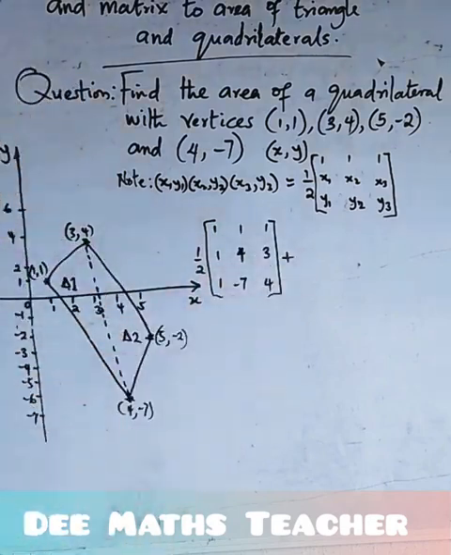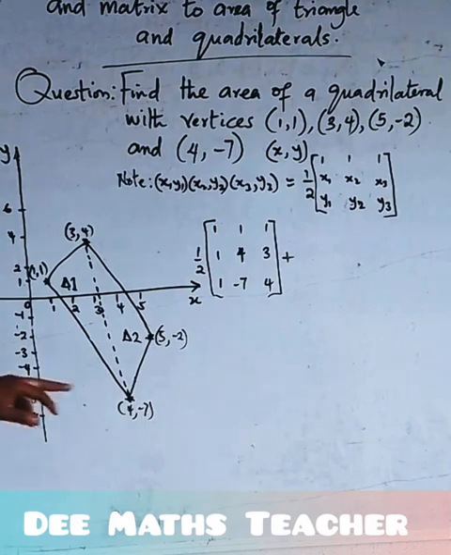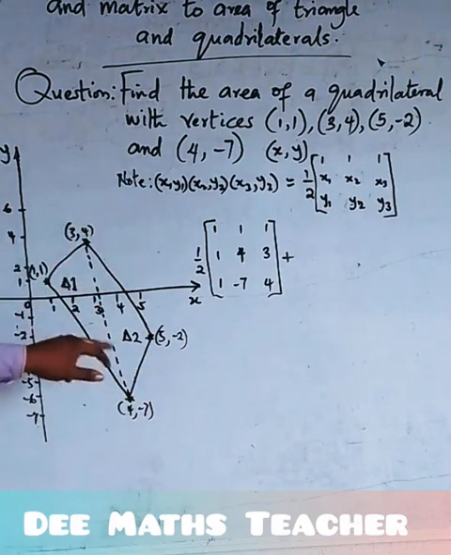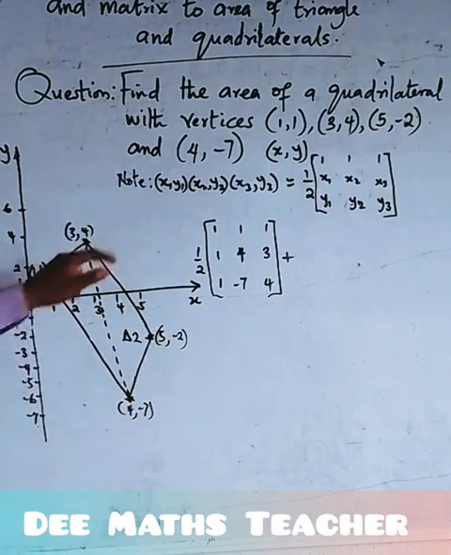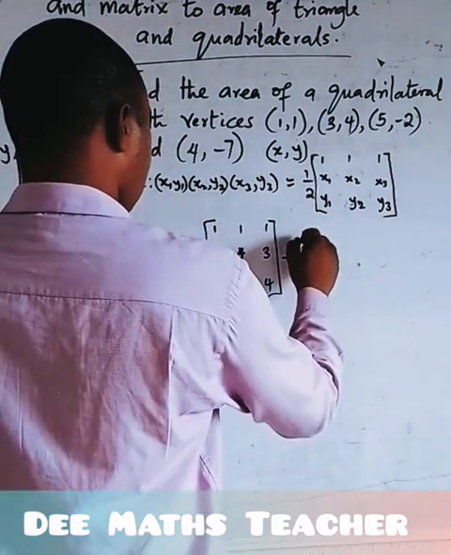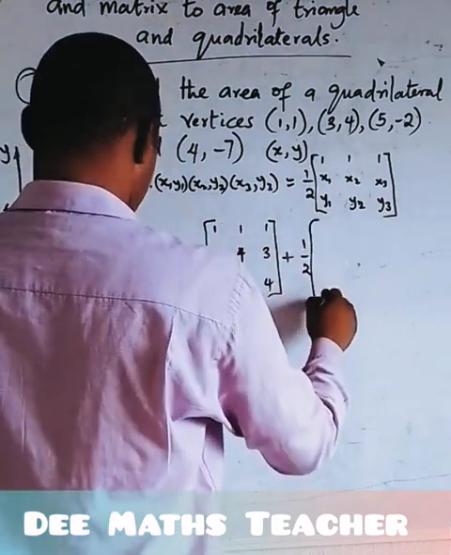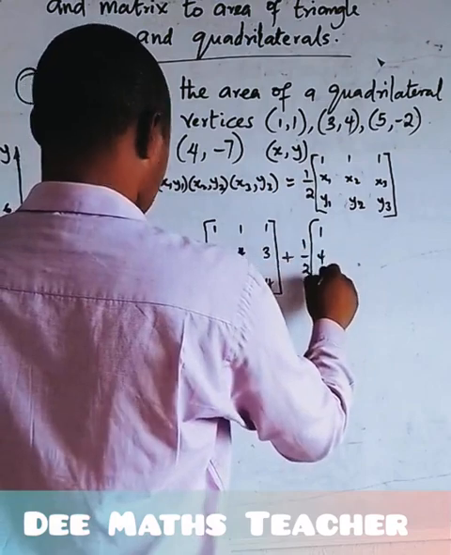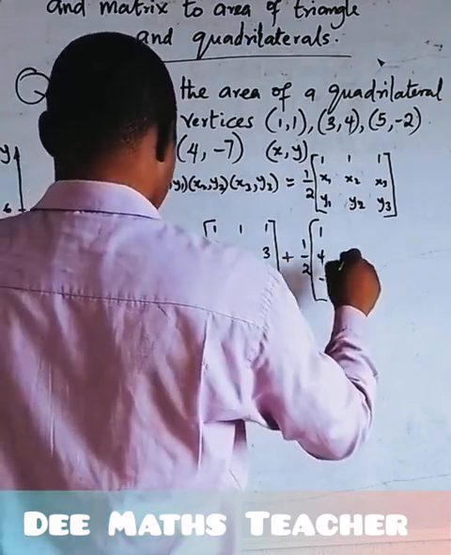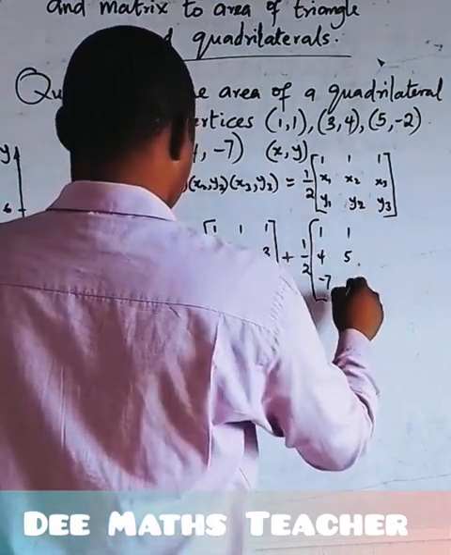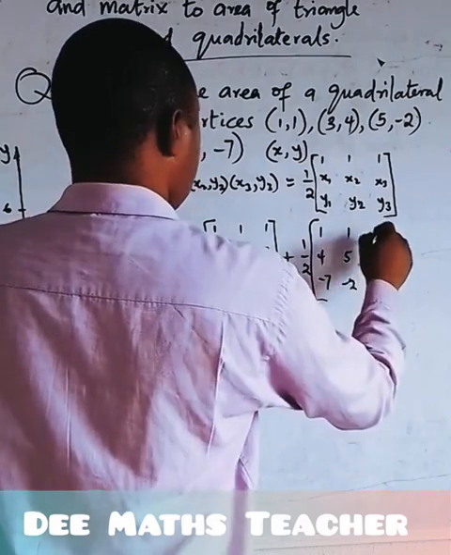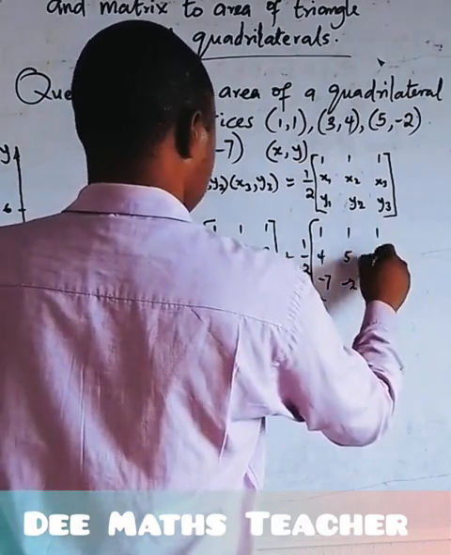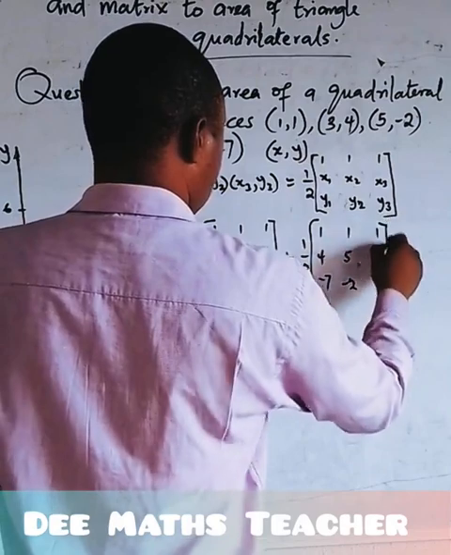That is for the first triangle. Then for the second triangle, we are going to look at these coordinates, this one and this one. So we are going to have 1/2 of the matrix with rows 1, 4, -7; 1, 5, -2; and 1, 3, 4.